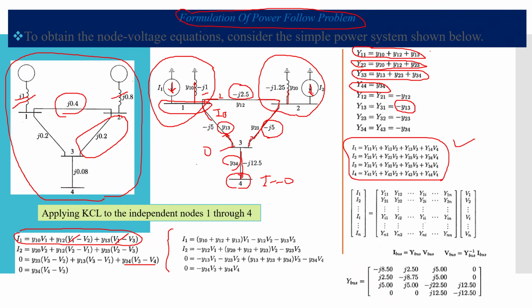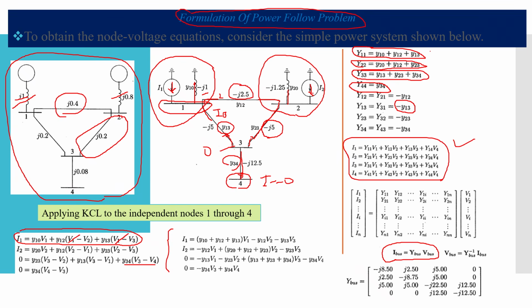We have I1, I2 up to In for any number of buses. We also have a square matrix, Y11 up to Ynn, then Yn1, times V1, V2, V3. So we can represent this as a matrix equation, so that I bus is equal to Y bus times V bus.